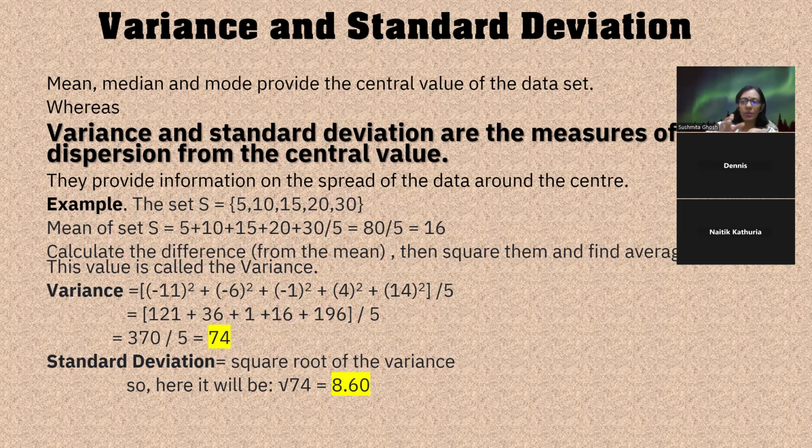Because if you have 2, 3 values which are too huge, varying from my basic set, the average will be spoiled. So where that happens, you will not go for mean, you will go for the median. And when you have too many high peaks in the data, too many high values, in that case, you will go for mode. Too many of them, then you will go for mode.